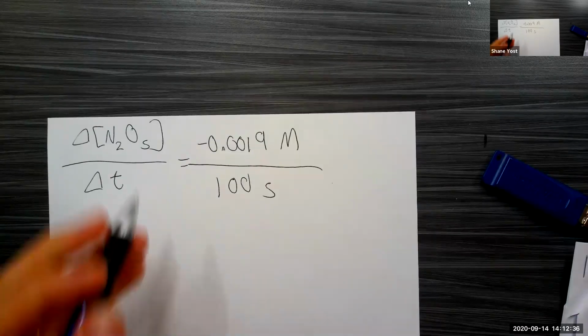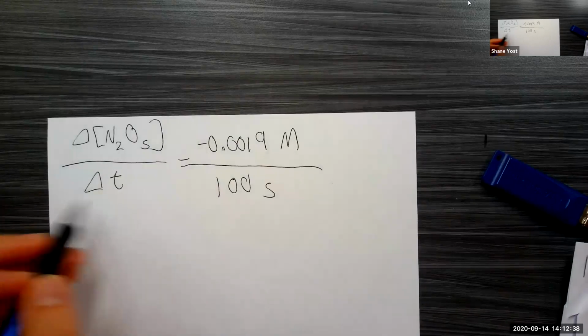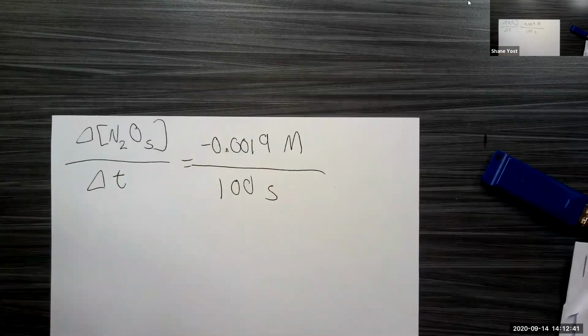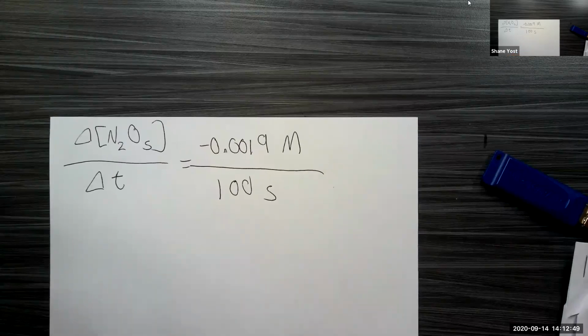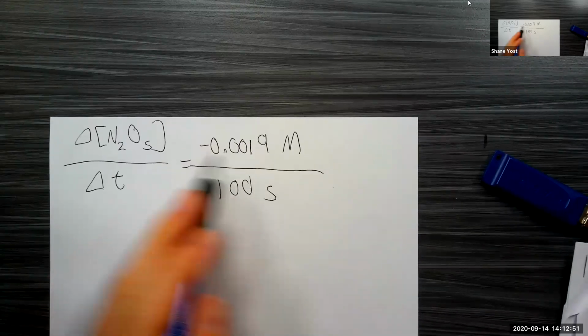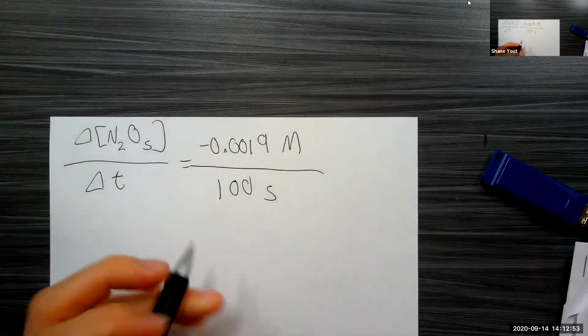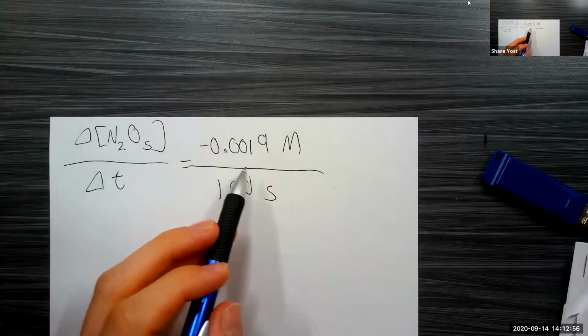It's the change in concentration over some change in time. Again, our rates are a change in concentration over a change in time. Here we were looking at a time interval of 100 seconds, that 300 to 400 seconds, and the concentration change written on the figure was minus 0.0019 molar.